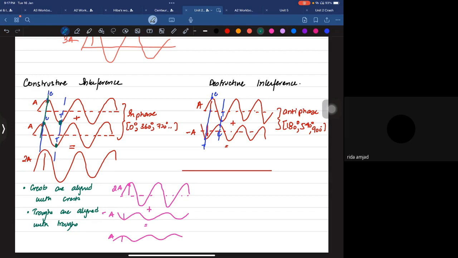Yes, sir. In this one, crests and troughs are aligned over each other, which means that the crest is combining with the trough. That is why the canceling is happening. Understood?